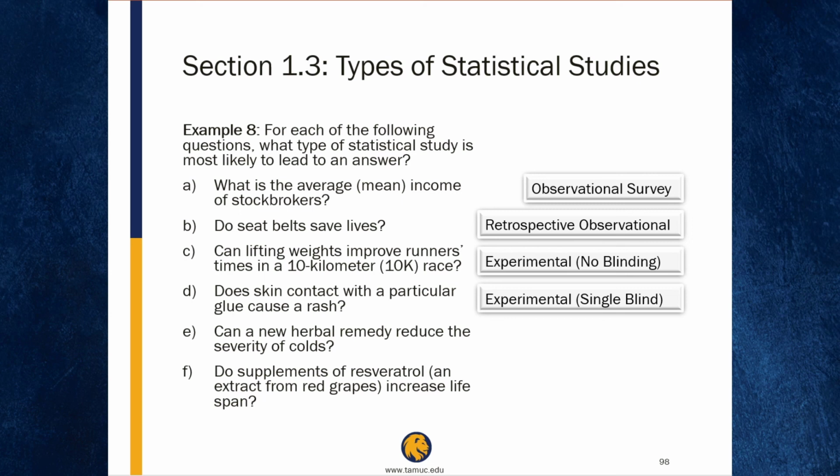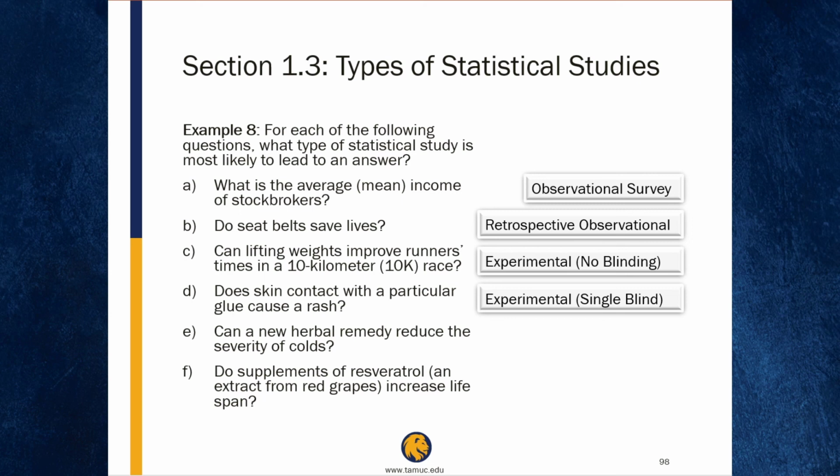But single blinding is possible, where we could use something that looks like the glue but isn't really the glue for the control group. So the treatment group would get the real thing, and the control group would get something that looks like it but doesn't actually contain the glue part of it that might cause the rash. The placebo is what we would call that.